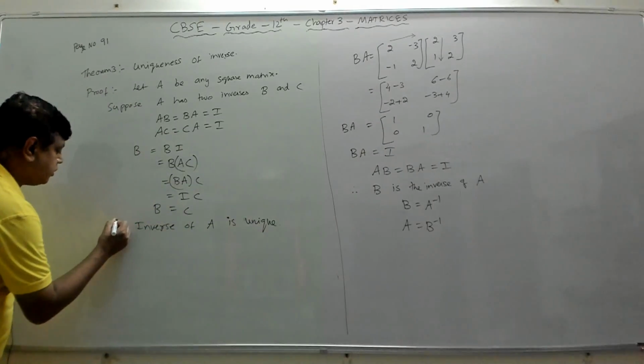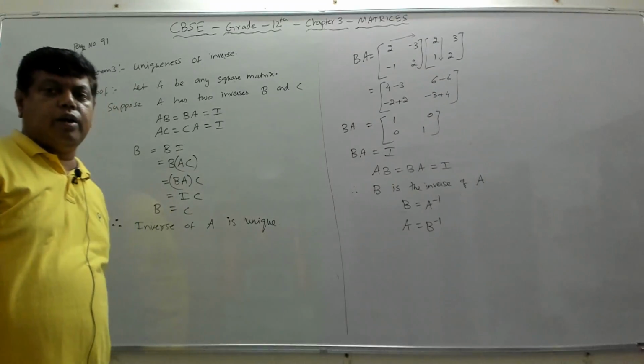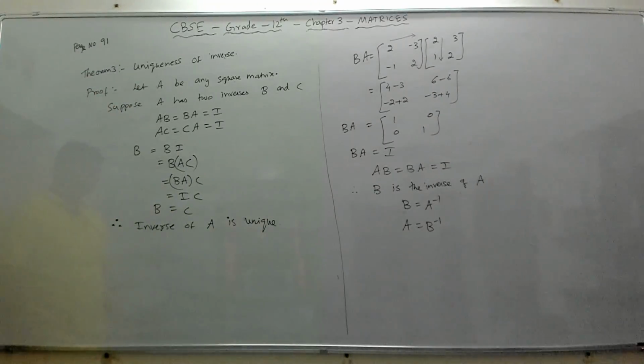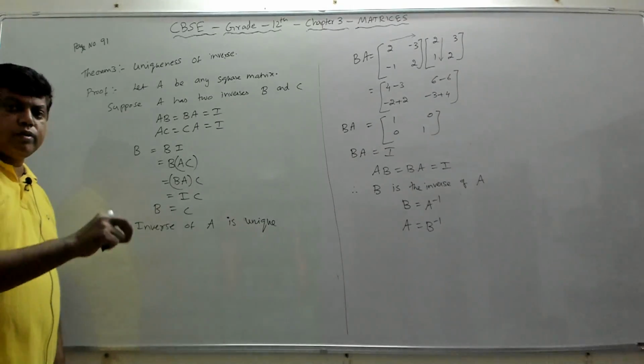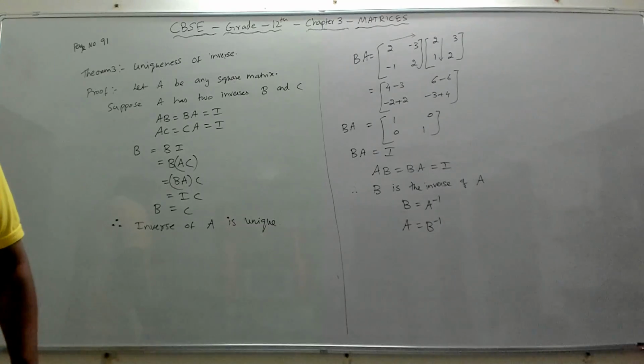So that is the end of this theorem, wherein we have proved that if a matrix A has an inverse, then that inverse is unique, which means A can have only one inverse.